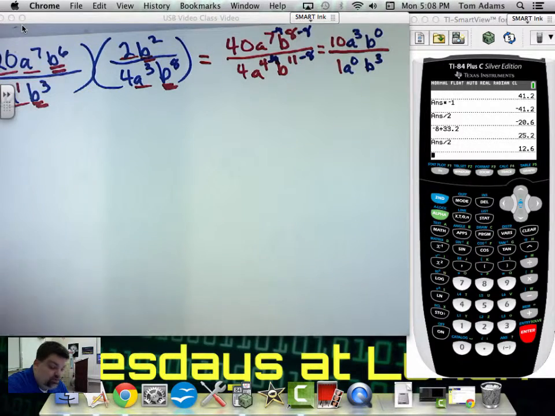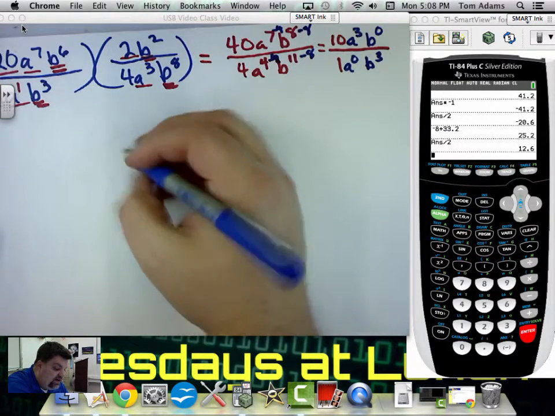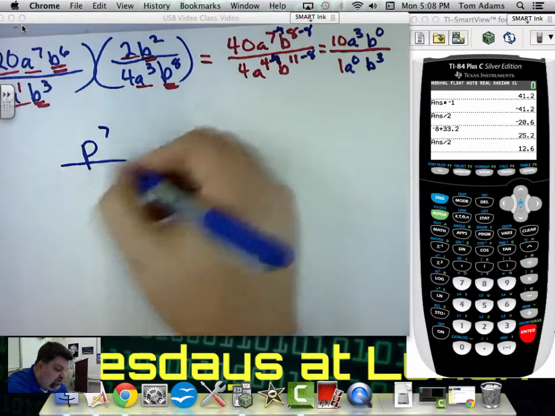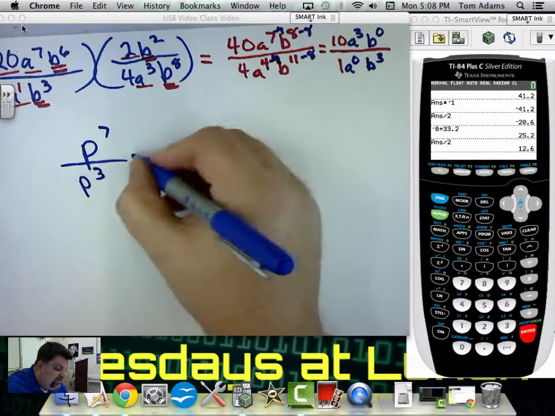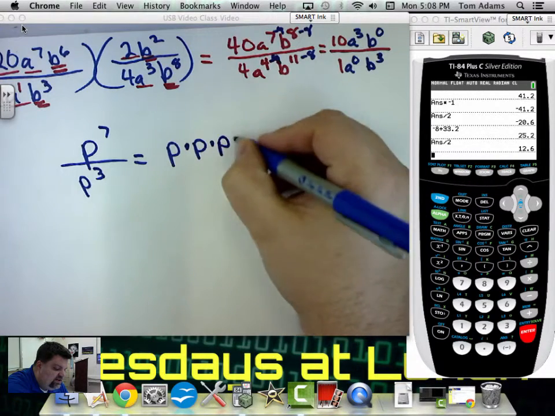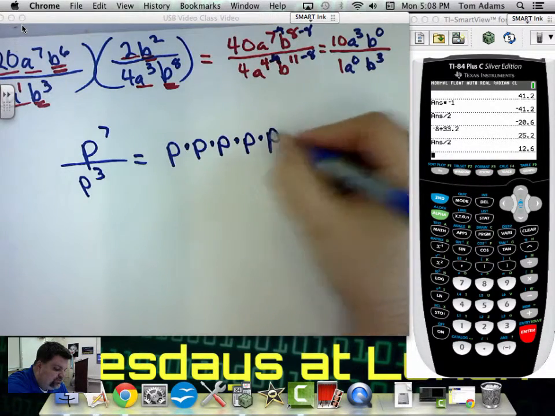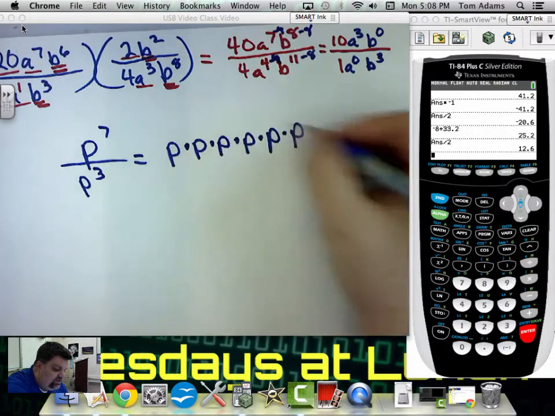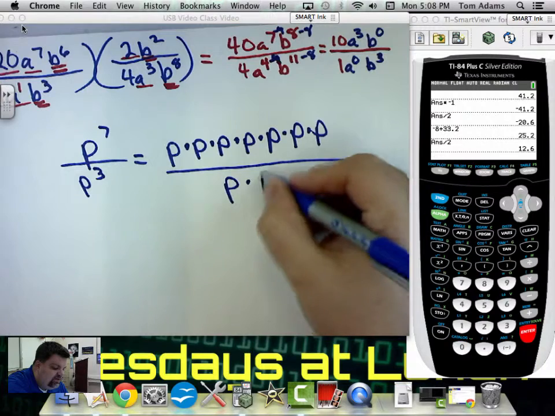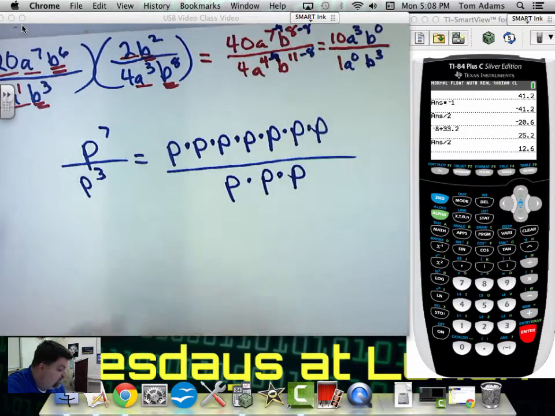Now this is a shortcut way to do it, but I want you to remember that if I had, let's do p to the 7th over p to the 3rd, that's the same as saying p times p, 7 times. Let me see, 1, 2, 3, 4, 5, one more, 6. All over p to the 3, p to the 3, p to the 3.